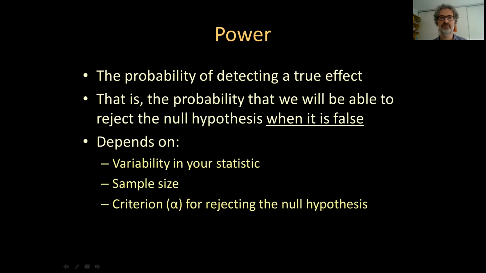But if you have the loose criterion and therefore higher power, you will also have a higher type 1 error rate, which is something we do not want. You will be rejecting a lot of true null hypotheses in this case. So we never try to increase our power by using a less stringent criterion for rejecting the null hypothesis. What we do is try to minimize variability if it is possible, and usually just increase the sample size.